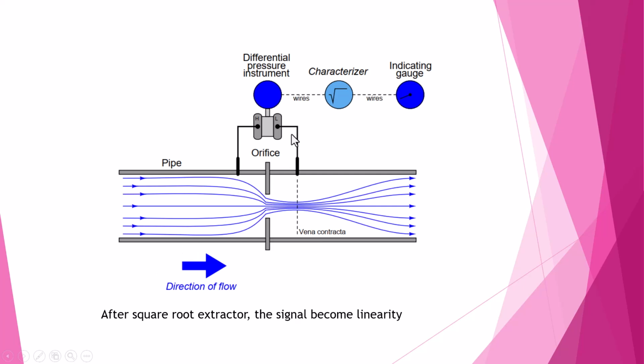Here, look: differential pressure instrumentation, then the square root extractor, then the indicating gauge. Here look at the orifice with the differential pressure transmitter. Here is the sensor. Here is the differential pressure; the pressure here is higher than this pressure.